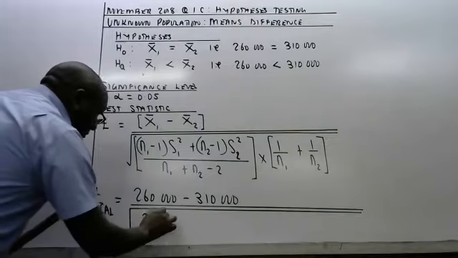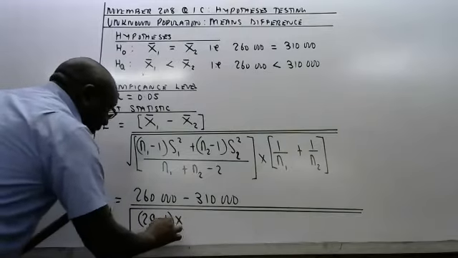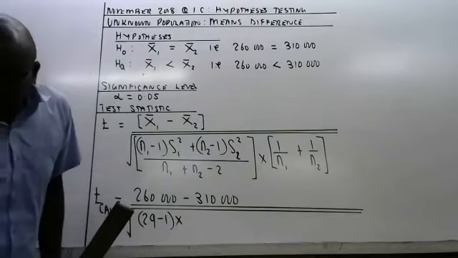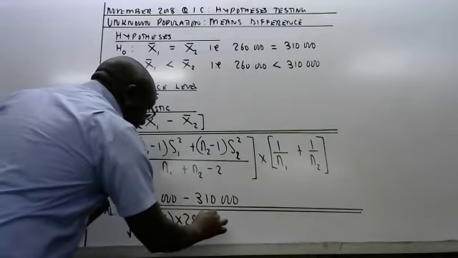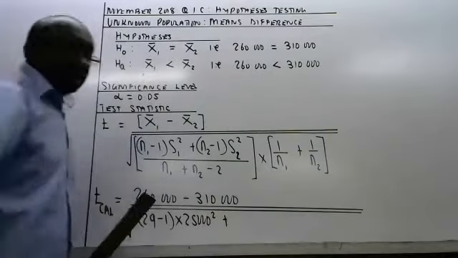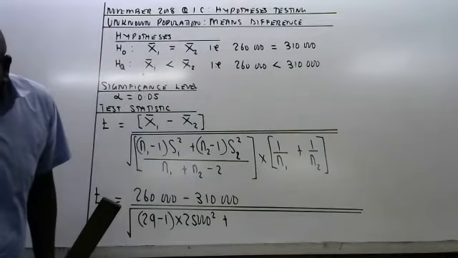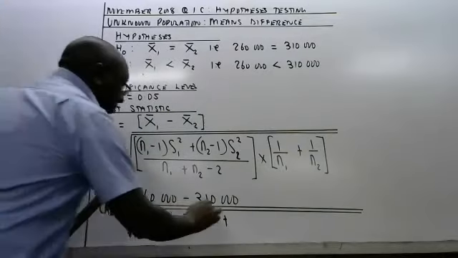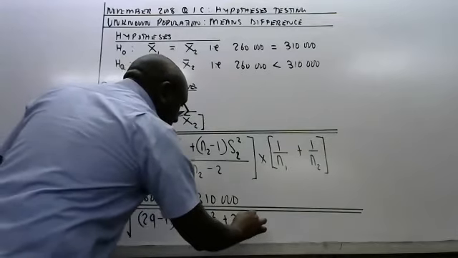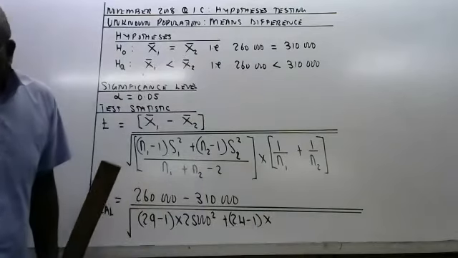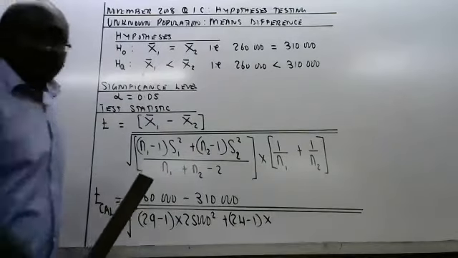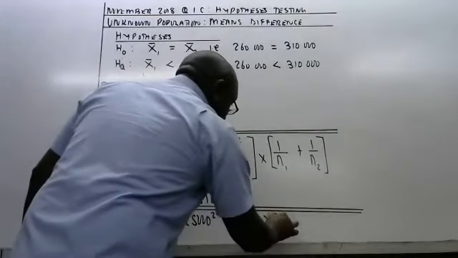So 29 minus 1 times the standard deviation is 25,000, 25,000 squared, plus 24 minus 1, you multiply by the standard deviation is 30,000.